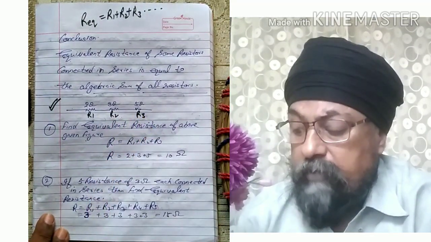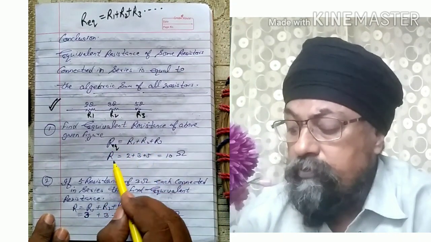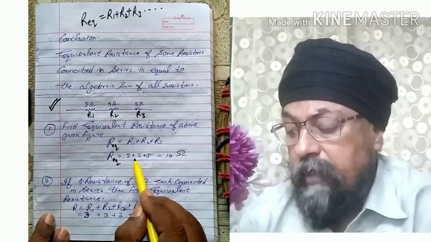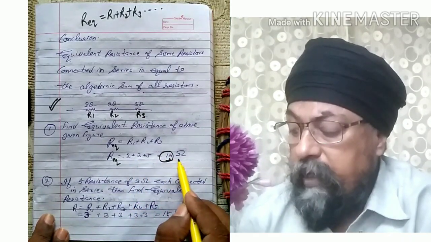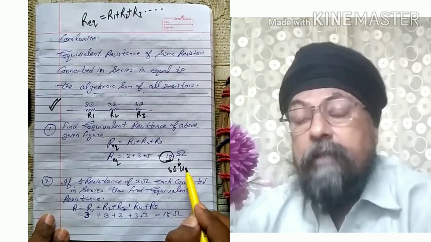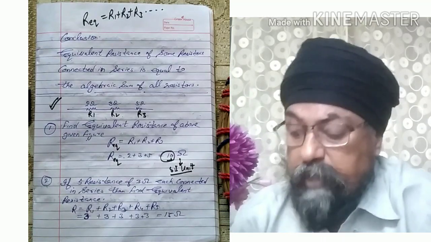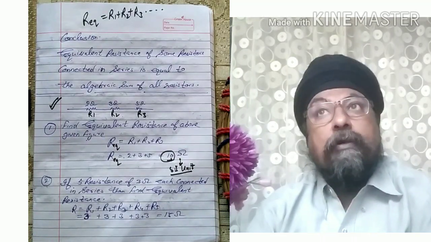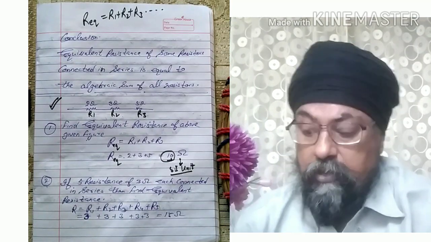R equivalent equals R1 plus R2 plus R3, so R equivalent equals 2 plus 3 plus 5, which is 10. That is our answer. The SI unit of resistance is ohm. I told you earlier that you have to write the SI unit in answers. It is compulsory, otherwise your examiner can deduct marks.